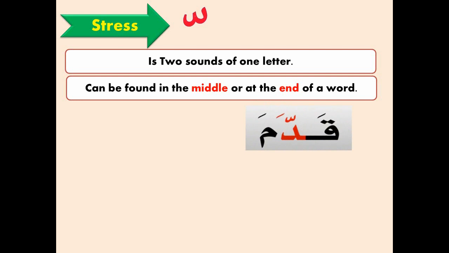Let's give an example. This is قدم. Look at حرف الدال, the letter دال. We have شدة, the stress, and above this stress we have فتحة. Here, in fact, we have 2 letters. قد, we have sukun above the first one, and da, we have fatha above the second one.